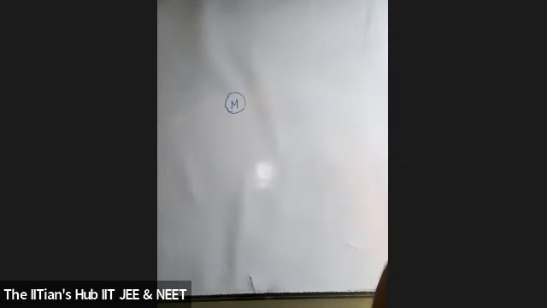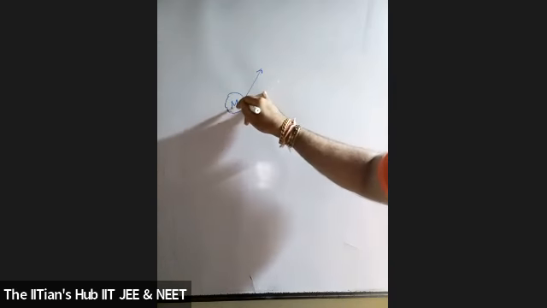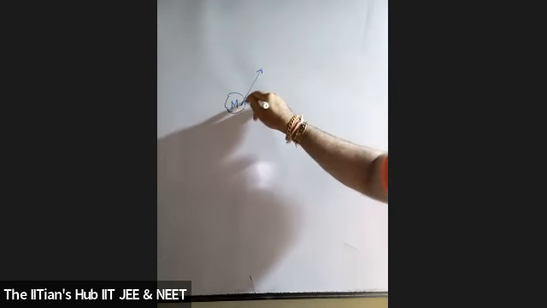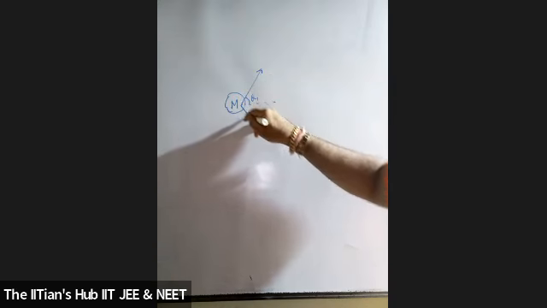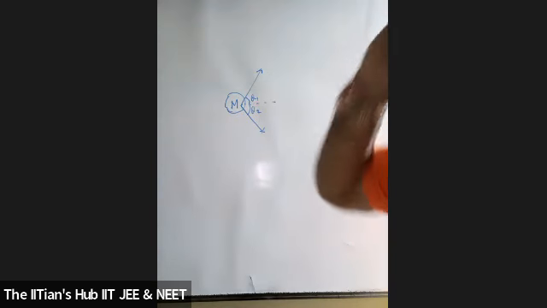Okay. Now, if I say one moves at an angle of θ1 with the horizontal, other moves at an angle of θ2 with the horizontal. Can you estimate where exactly the third particle should go?